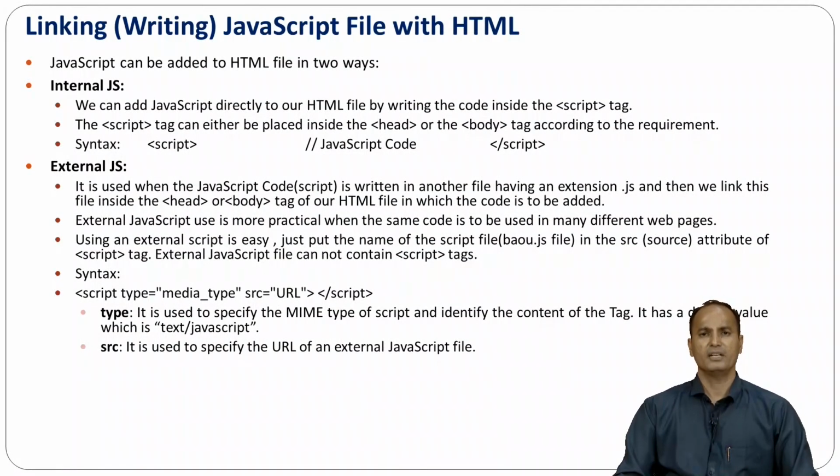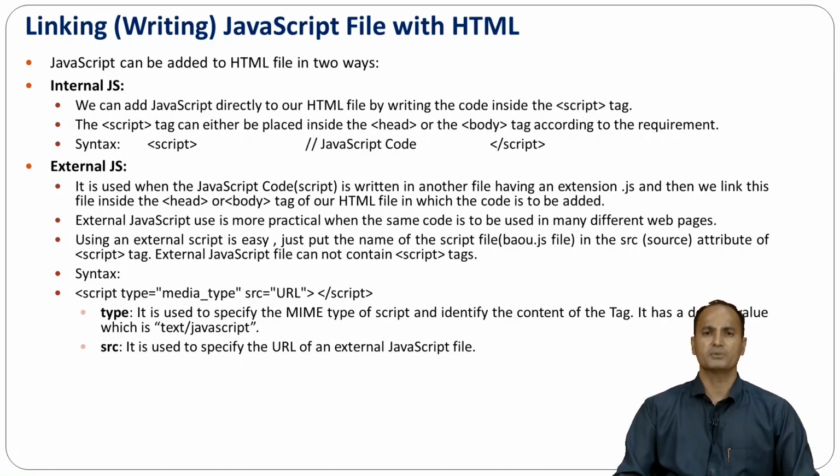Now, after discussing the basics of JavaScript, its history, how it works at client side, and how it is supported at server side using Node.js, it's time to talk about writing JavaScript and linking this JavaScript with our HTML page or web page.